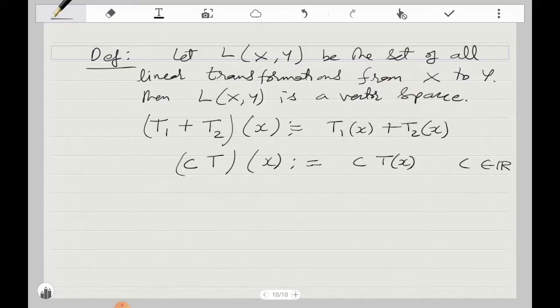Then, the other thing is that, still staying with this Lxy, there's another very useful thing. Now, let's go to x and y being Euclidean spaces. Let's take T in L(Rn, Rm), so a linear map between Rn and Rm.